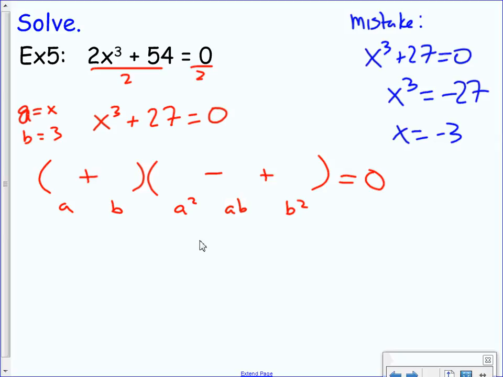So filling it all in, you have x plus 3, and x squared minus 3x plus 9. Do you see where the negative 3 comes from? The first one. In this factor, x has to be negative 3. So like I said, it's one of the answers, but there are 3 of them. Now the reason why this is factored out the way it is and you still have a quadratic is because the quadratic is not factorable. So what do you want to do?